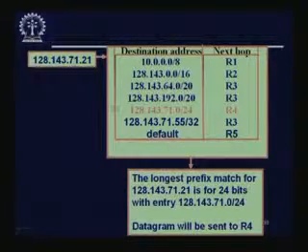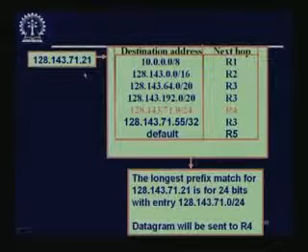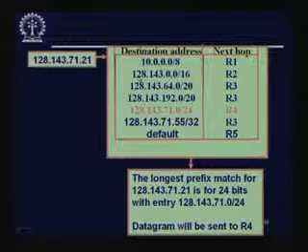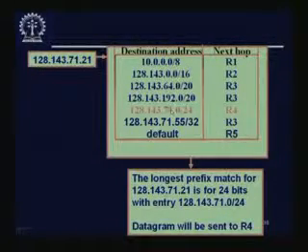So, suppose this is a destination address which has come in. Now, this is 128.143.71.21. Of course, the 128 part would have matched with this and 143 would have matched with this, all right. But then here this is 0, this is 71. So, this will get a much better match with the one shown in red.